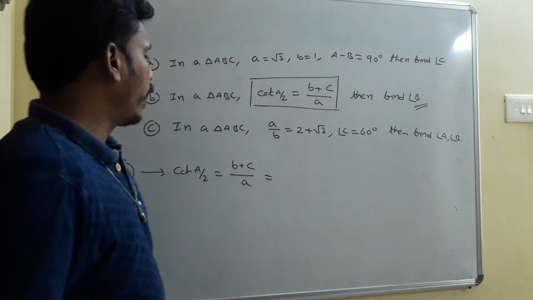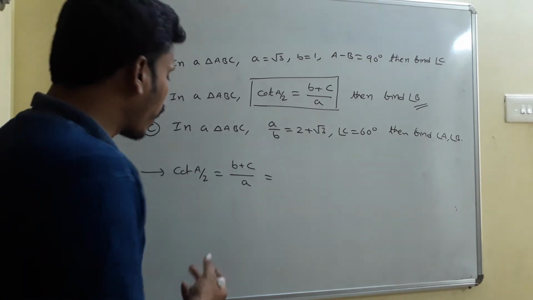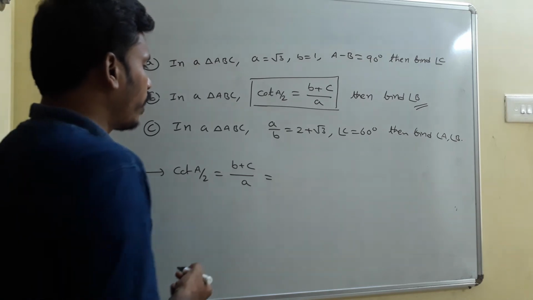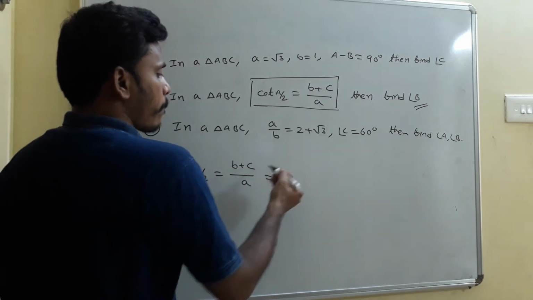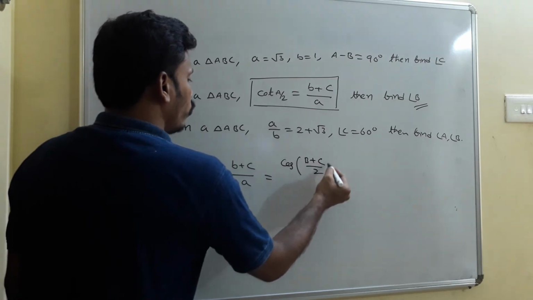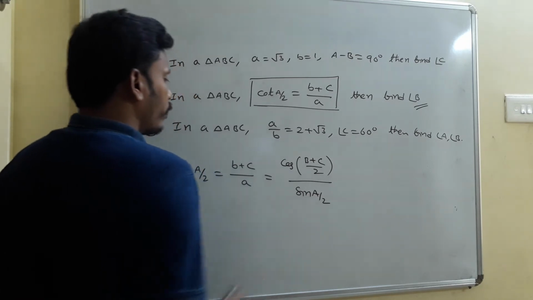Okay, then what is that b plus c by a? What is the Mollweide rule related to that b plus c by a? Okay, see what we need to write. Cos of (B minus C) by 2 divided by sin A by 2. Is it right?